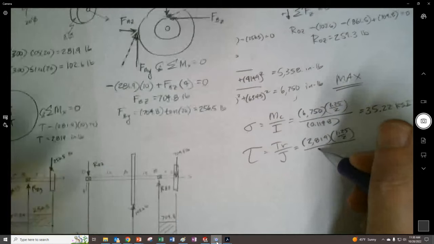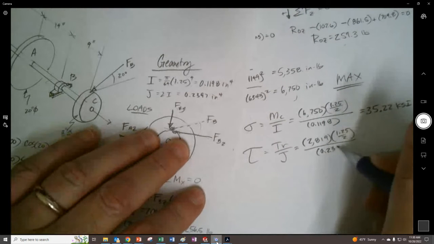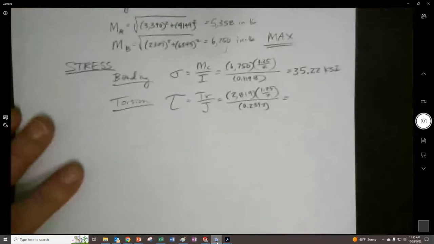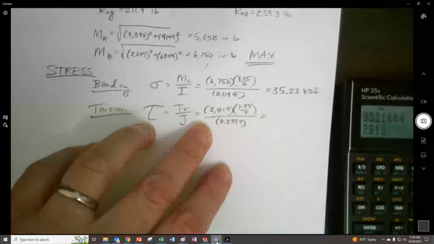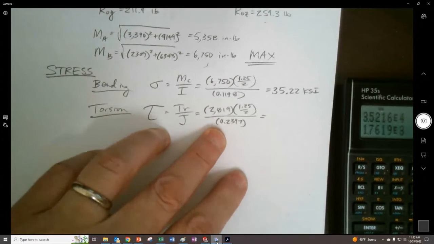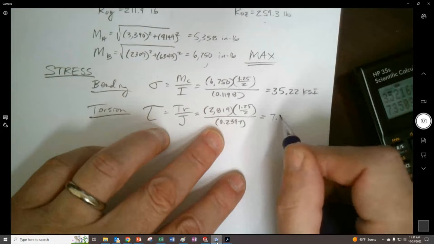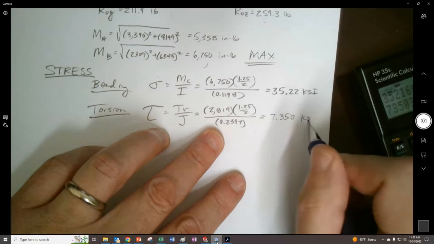And the polar moment of inertia was 0.2397. So we're left with 2,819 times 1.25 divided by 2, and then divided by 0.2397, and that looks like a 7.35. And we have a smaller torque shear. That happens a lot in these problems, that we get a smaller torsion shear.